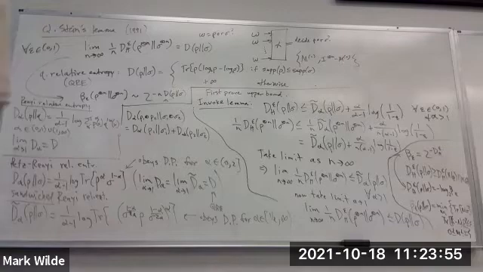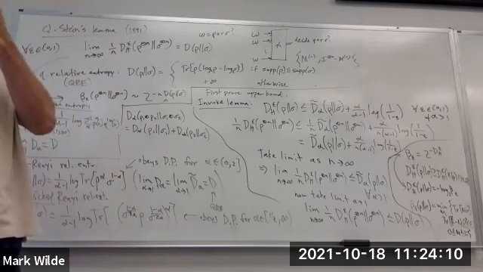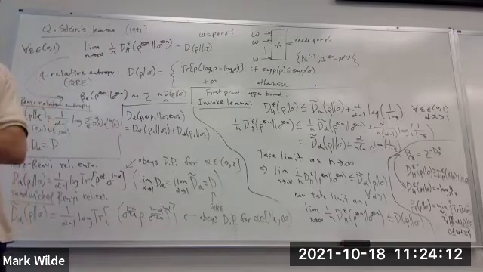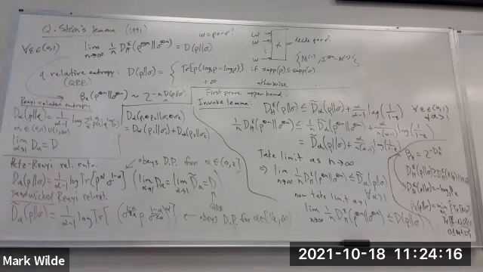You have a question? Is it related to that? I have a question about the limits from below and from above converging to the same thing. Yeah, both converge to the quantum relative entropy. That's what this is saying, right? From below and from above. Is there an order of this? They are ordered. I haven't stated that.